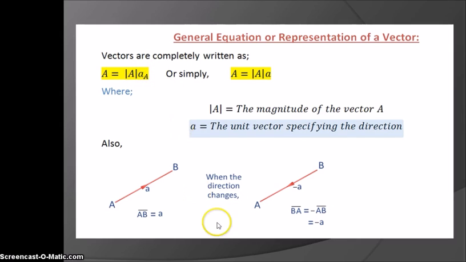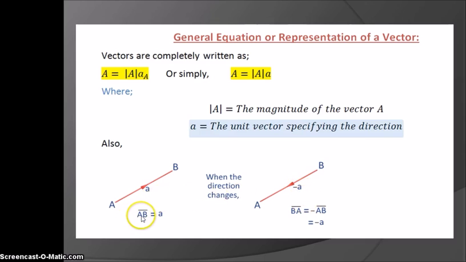Here are two vectors, but they are different because one is going in a clockwise direction, the other one is going in the other direction. You can see that when a vector changes direction, it causes the unit vector to take on a negative or the opposite sign.